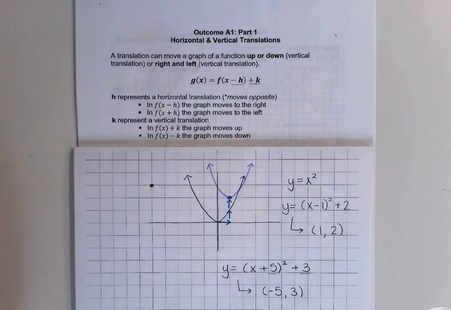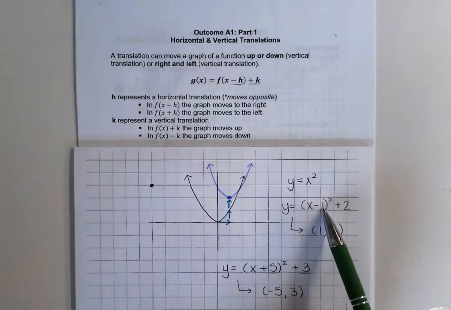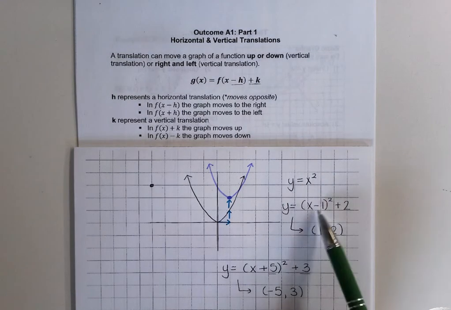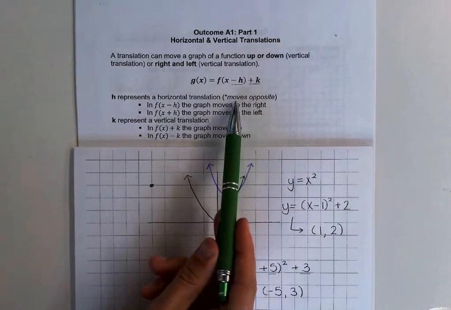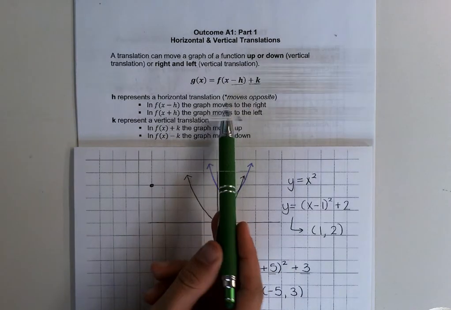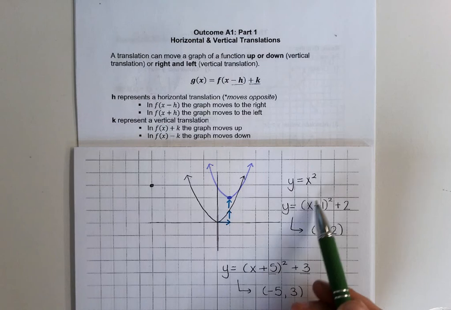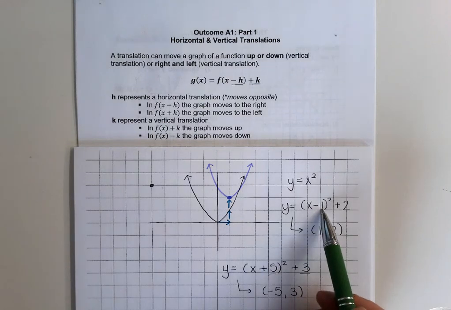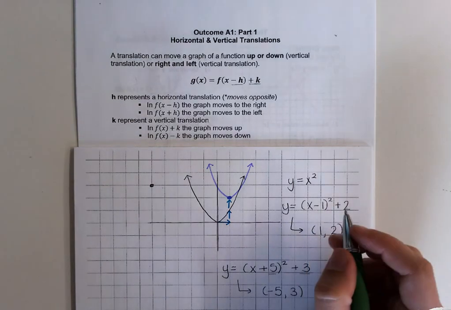If you notice the h value, remember in vertex form, that this value always appeared to change signs. So the same thing is true in this function notation. When we have x minus a number, this is actually showing that the graph is going to move to the right.